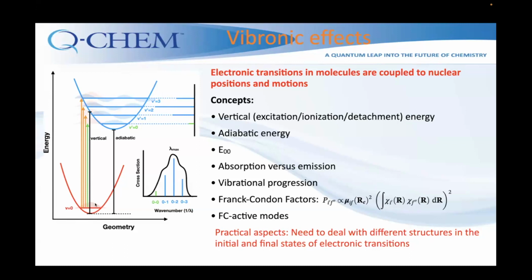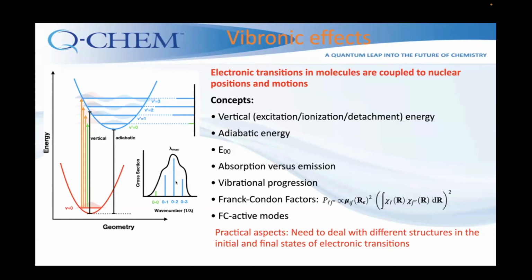If we start with the ground state of the molecule and excite it to some excited electronic state, very likely the geometry of the electronically excited state would be different from the ground state, and that gives rise to the so-called vibrational progression in the spectrum. So each transition will have a particular shape.